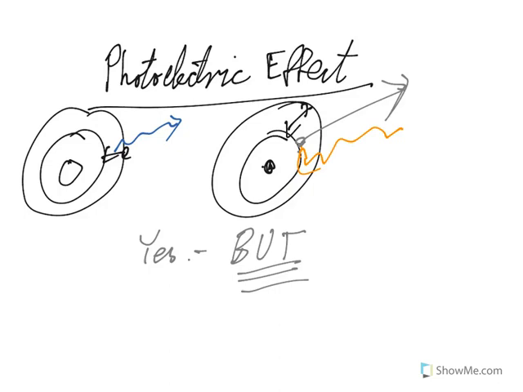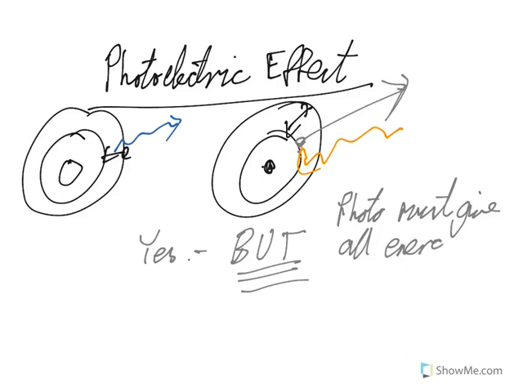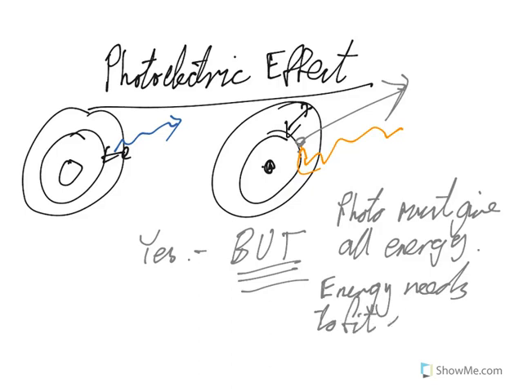And also, what was found out, that the photon's got to give up all. So the photon must give all its energy, right? Not part of it, and the energy needs to fit the energy levels.